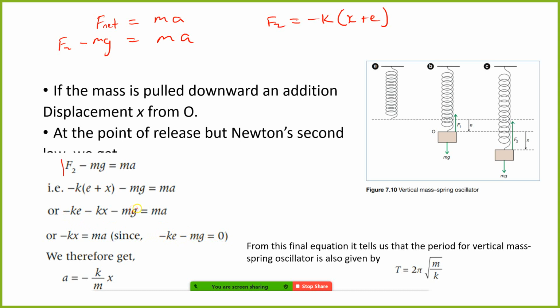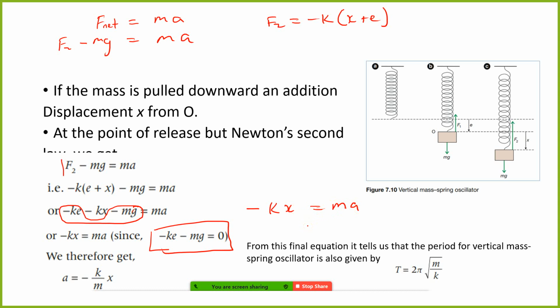So in essence, if we put these two together, this goes to 0 because it shows us previously that this is equal to 0. So what we're really left with is minus kx is equal to ma.